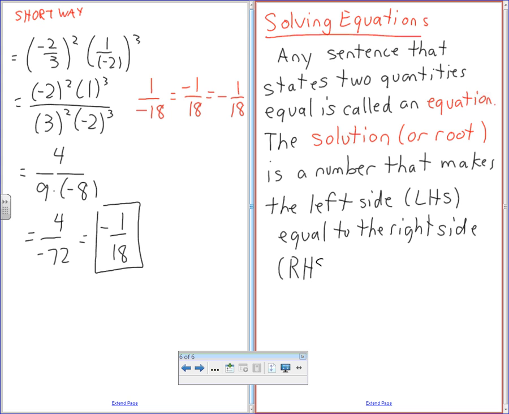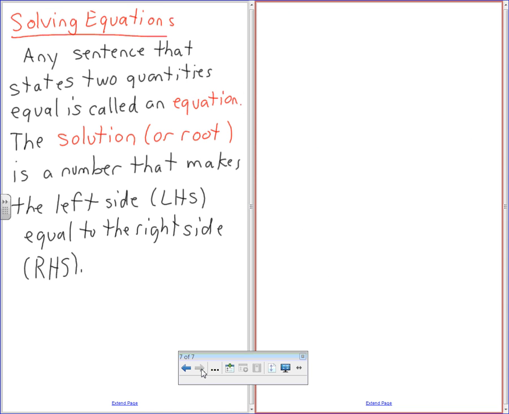I'm going to put in brackets LHS and RHS, because that stands for left-hand side and right-hand side. I will use those acronyms, that's the right word. I will use those acronyms quite a lot in this course.